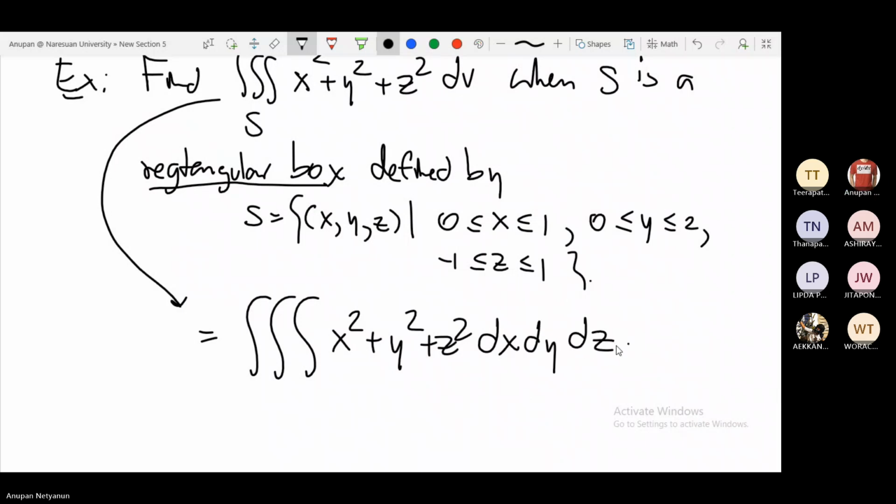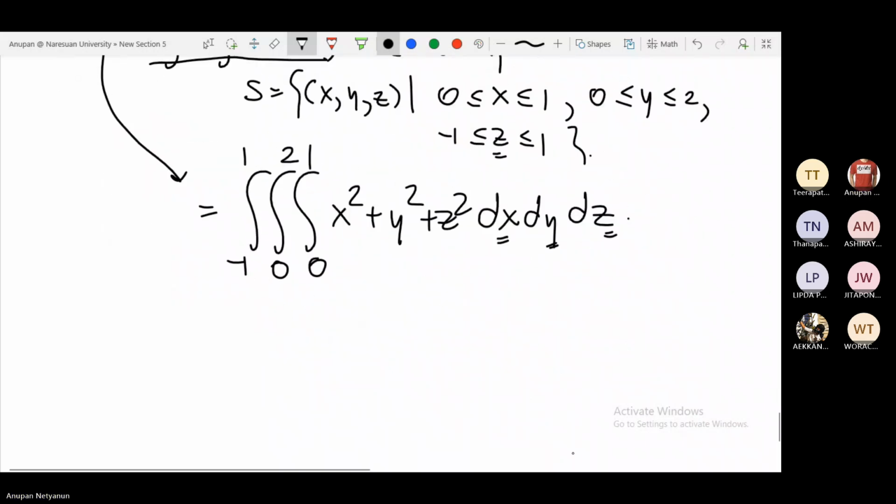Now, once I do this, I'm going to find the running number for x first, which is from 0 to 1, followed by the running number for y, which is 0 to 2, and then followed by the running number for z, which is -1 to 1.